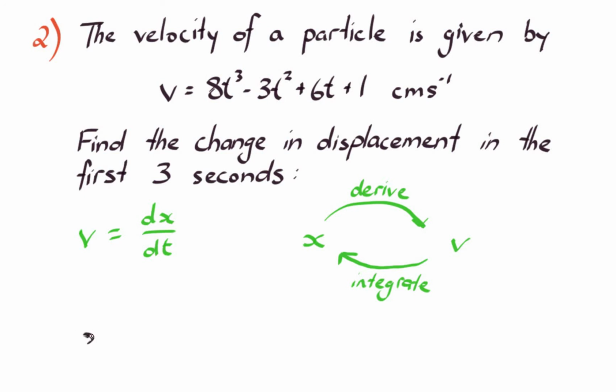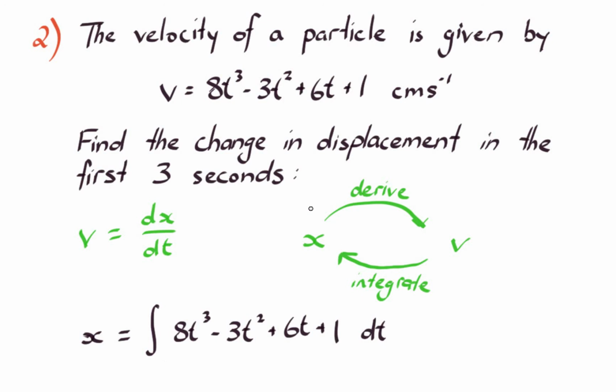So the displacement function, x, is the integral of this velocity function, 8t cubed minus 3t squared plus 6t plus 1. And in this case, we're integrating with respect to time. So we have a dt at the end. Now, do we have any values for t to put on our integral symbol?